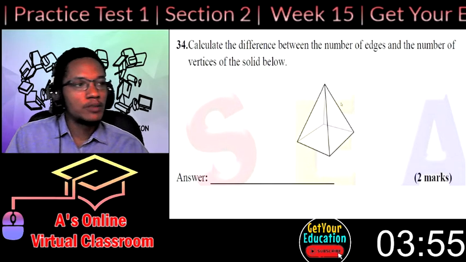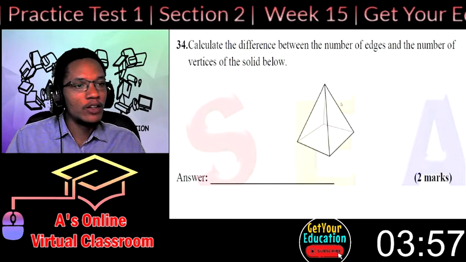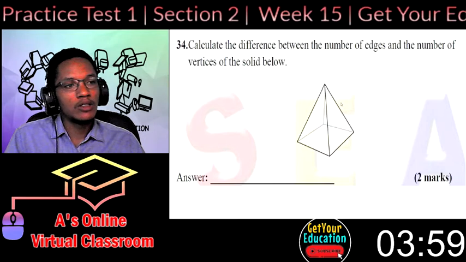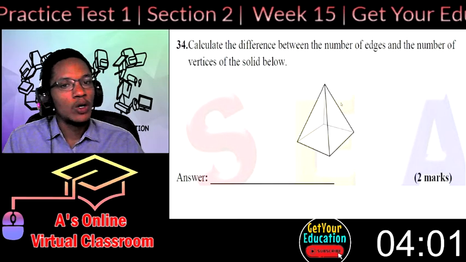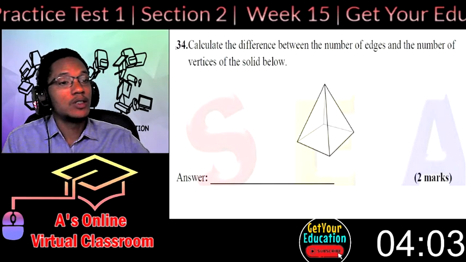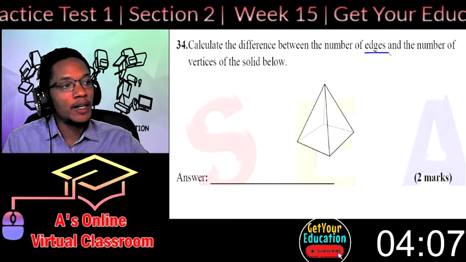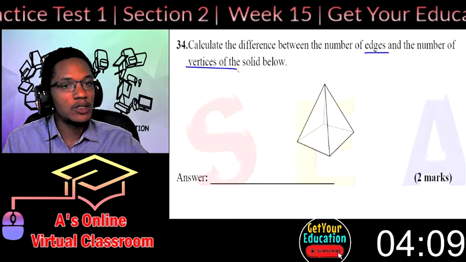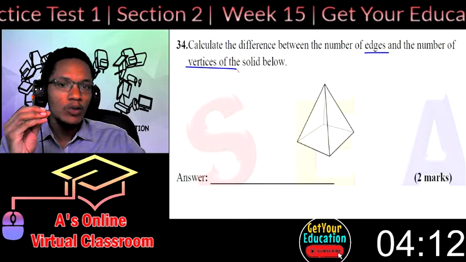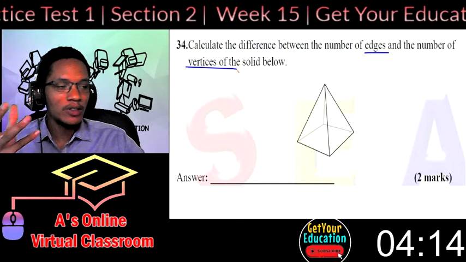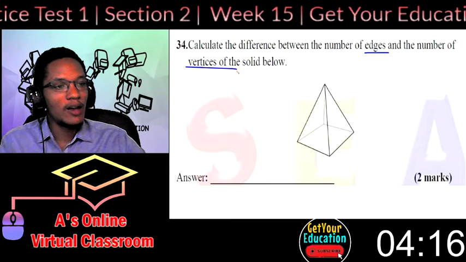Calculate the difference between the number of edges and the number of vertices of the solid below. Alright, so what do they mean by edges and what do they mean by vertices? It's easy to mix them up or not remember what the differences are.